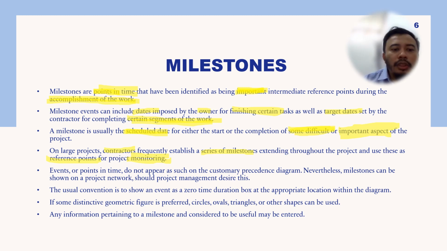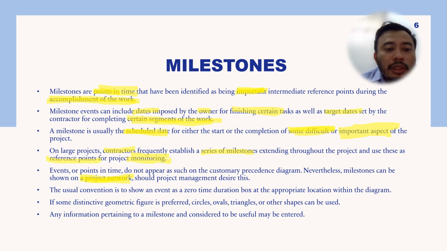Events or points in time do not appear as such on the customary precedence diagram. Nevertheless, a milestone can be shown on a project network. You can show it in CPM, should the client desire to see this milestone on the precedence diagram or in the Microsoft Project Gantt chart.